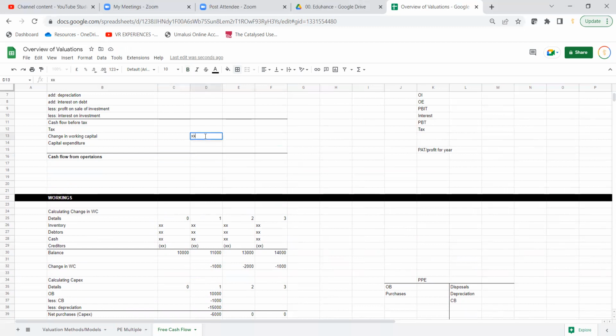We expect this will typically be negative. It doesn't have to be negative, but it typically will be, as we expect capital expenditure to be an outflow. Then we get cash flow from operations. Then we will add terminal value.